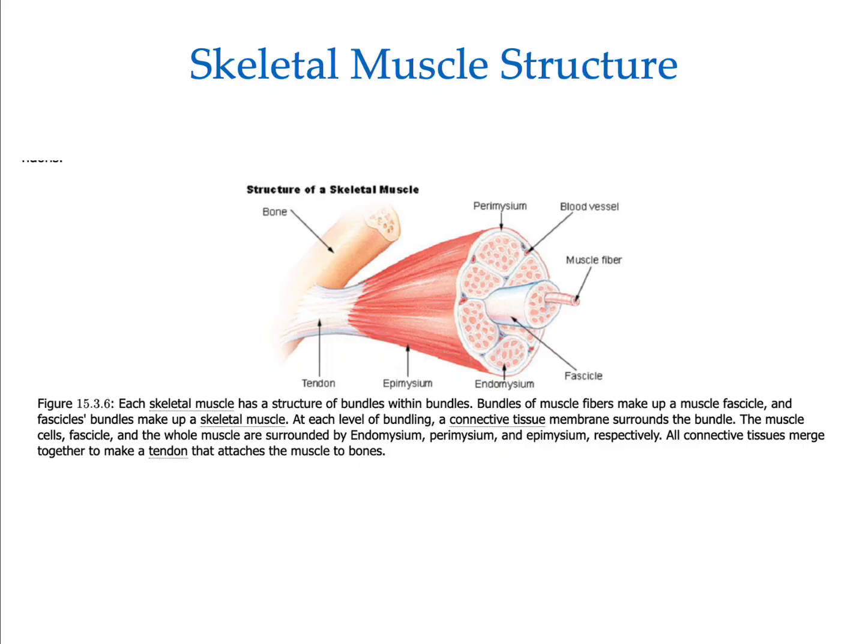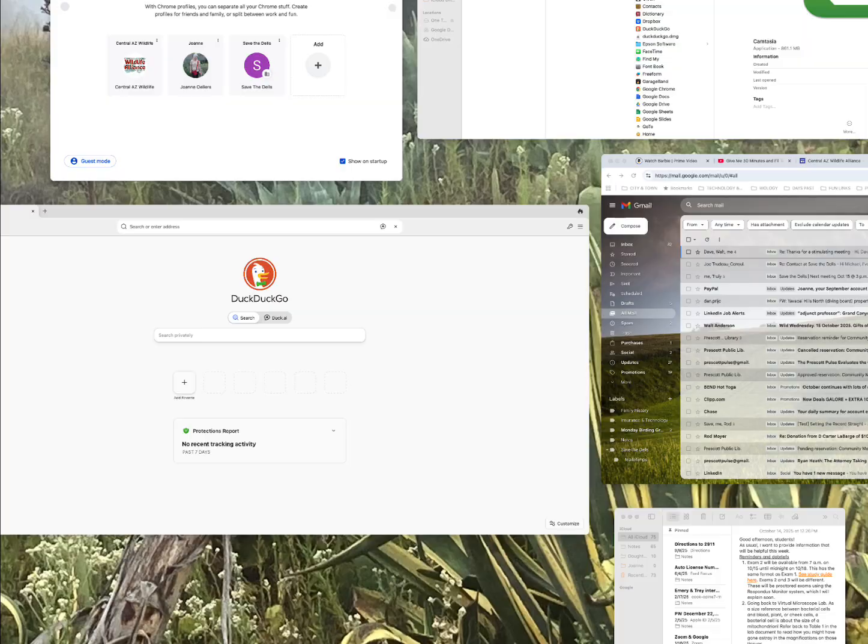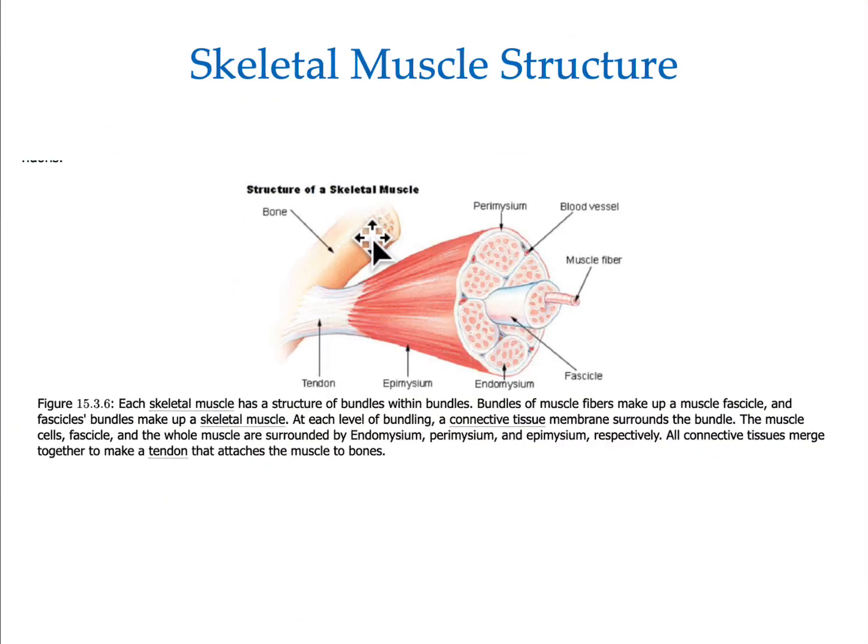And we can see this really cool sequence here where we have the connective tissue on the surface of this whole muscle, which is composed of fascicles. You can see the bundle of fascicles enclosed in this epimysium membrane. And then look how the membrane interfaces with the bone.